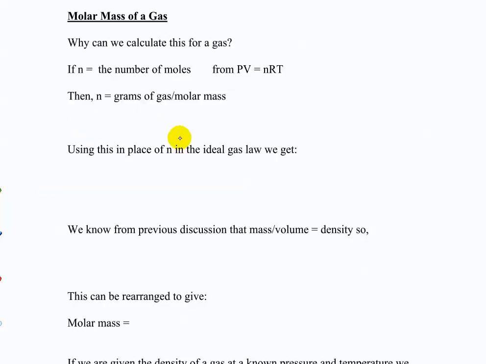Then n equals grams divided by molar mass. We know that the molar mass, M, big M, equals grams divided by moles, right? Which we say is n. So then the number of moles must equal the grams of the gas divided by its molar mass.